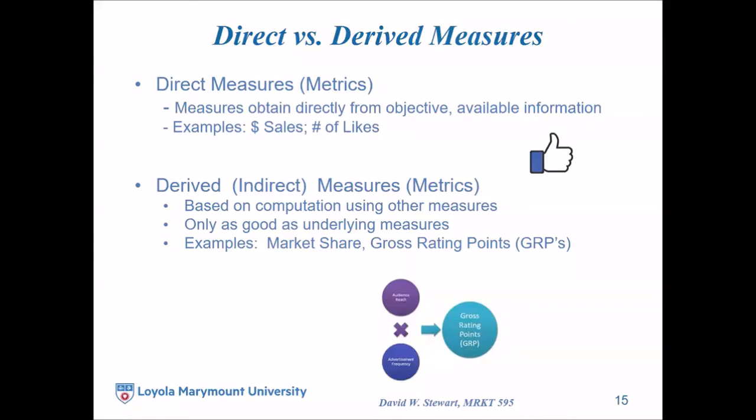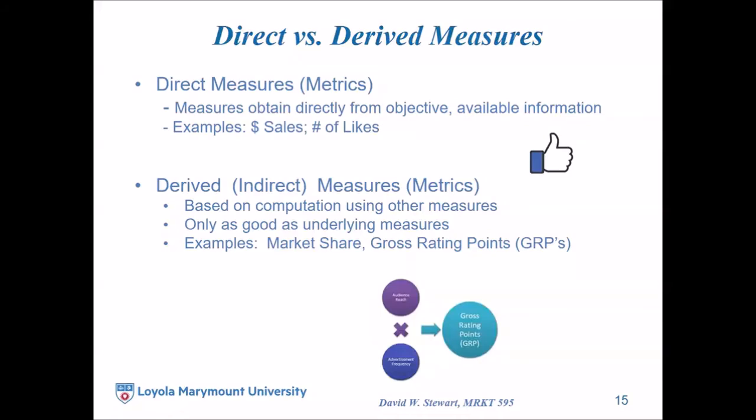We don't directly measure market share. Market share is the ratio of our sales to the total sales in the category. Or you can develop variations on that. Our sales compared to the sales of our nearest competitor. It's another way to look at market share.